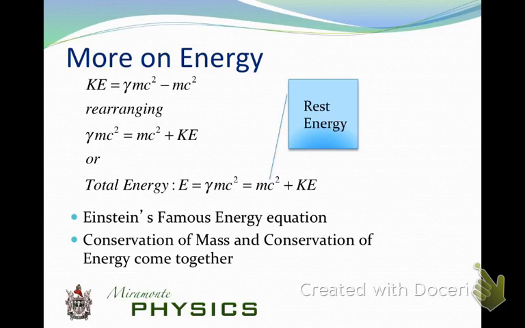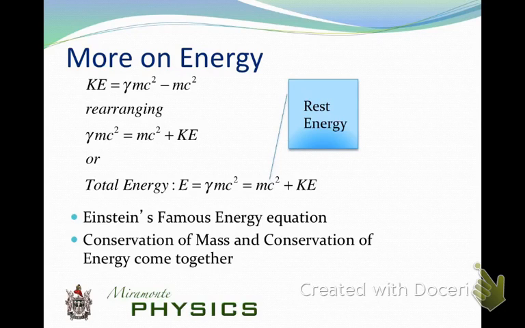Or the total energy of a system is equal to gamma mc squared, which is mc squared plus the kinetic energy. Now, up till now, we've only talked about the total energy being kinetic energy, or kinetic energy and potential energy, and kinetic energy and thermal energy. So these are different kinds of energies.